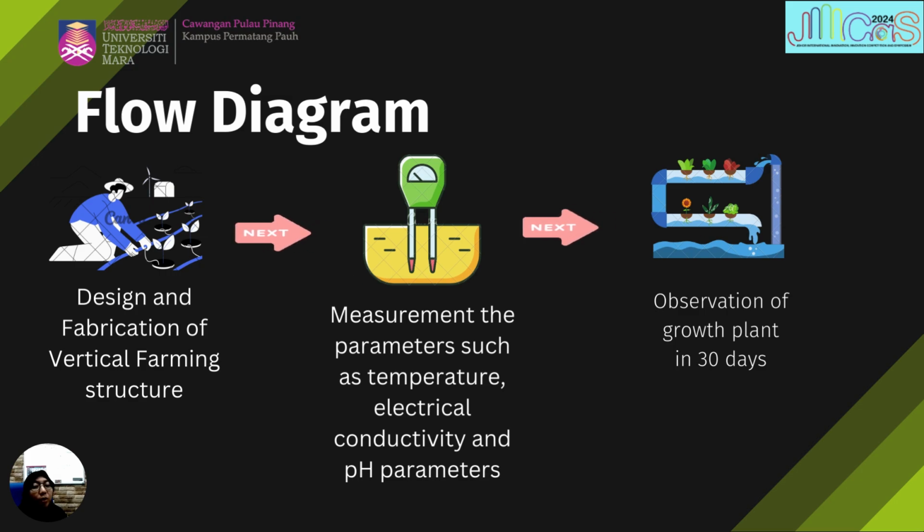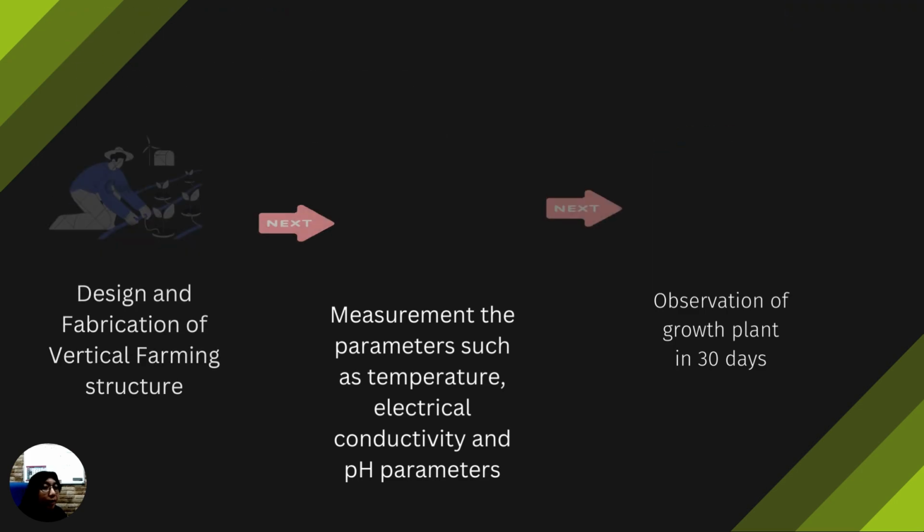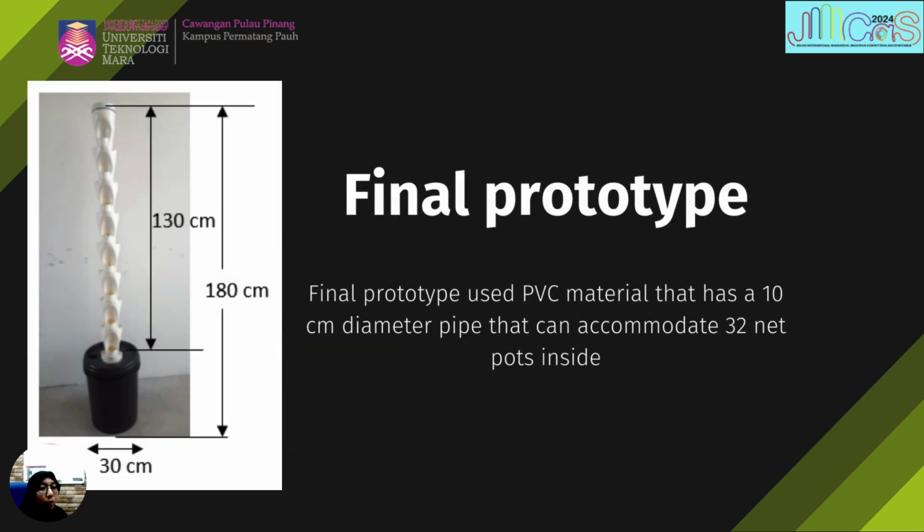And last, we observe the plant growth over 30 days. In the final prototype, we successfully planted with a height of 130 centimeters and a diameter of 30 centimeters, and it can accommodate 32 net pots inside the pipe.